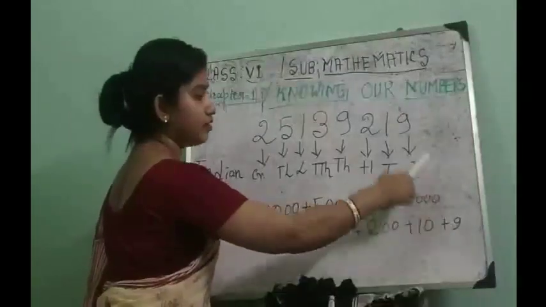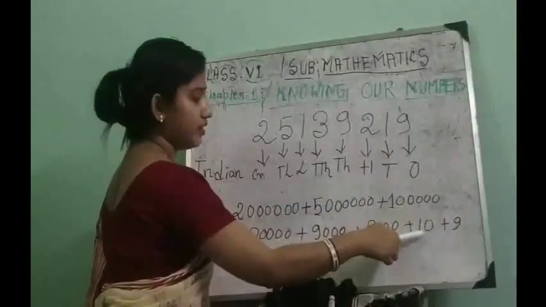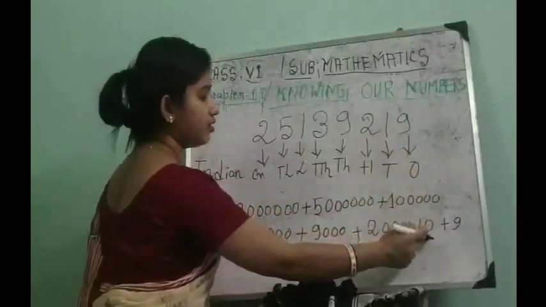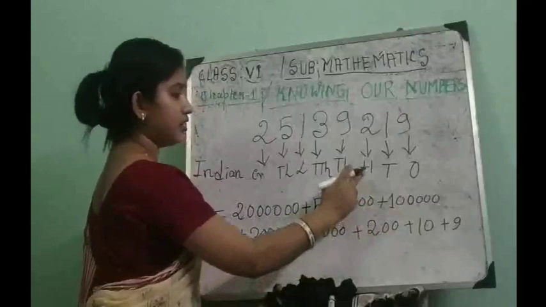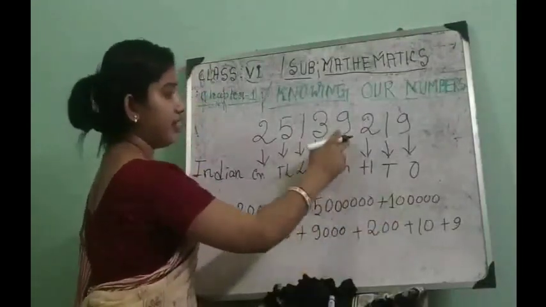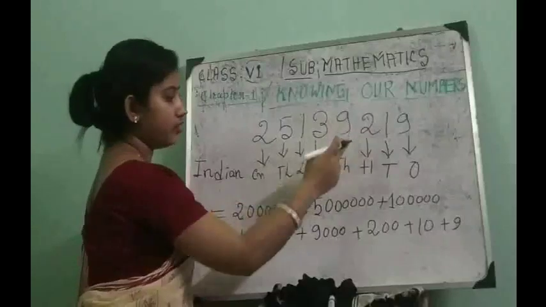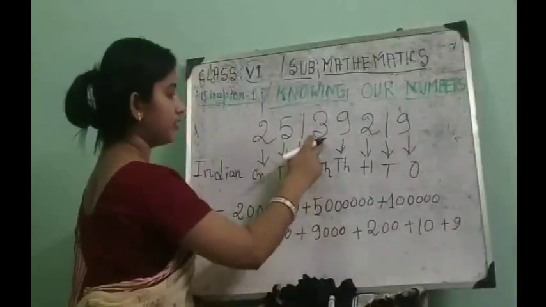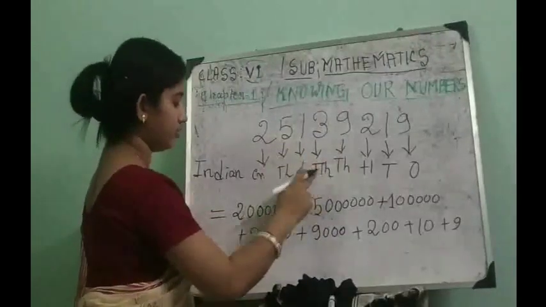Here 9 is 1 places number. Here 1 is 10 places number. So we can write this by 10. This is 100 places number. That means 200. 9 is 1000 places number. So its place value is 9000. This is 10,000.